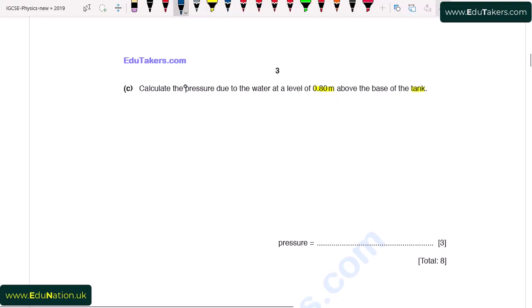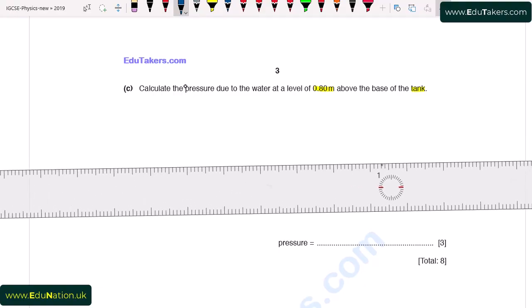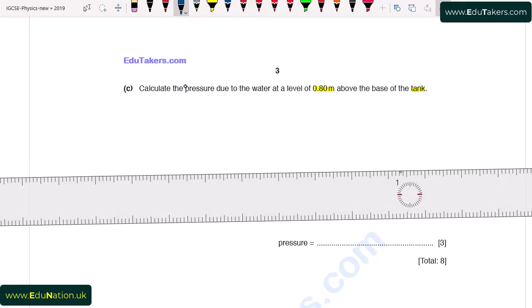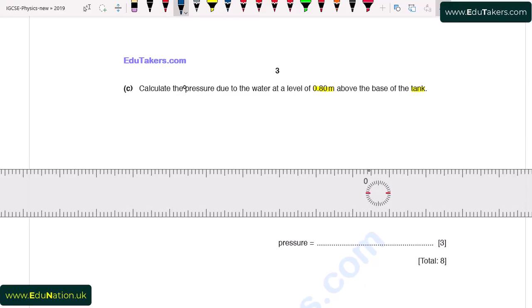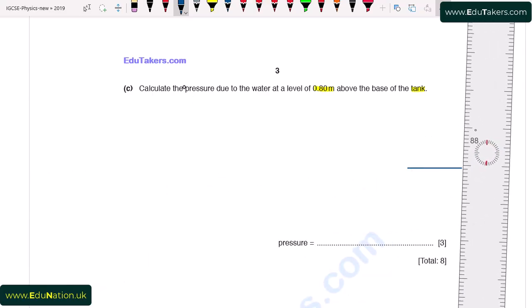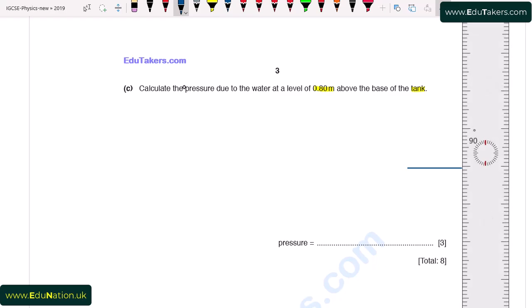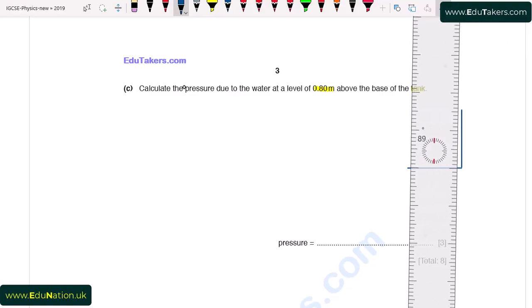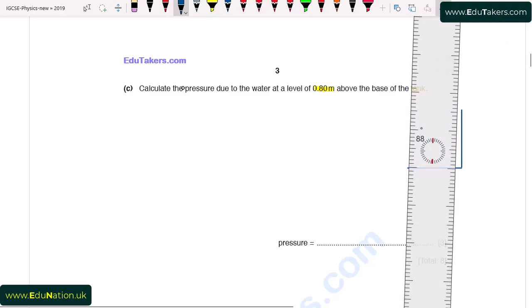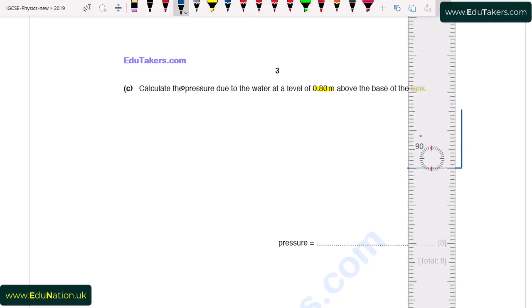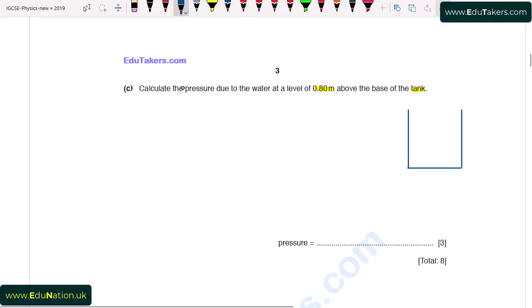So first of all, I consider it's a tank, and this tank is filled with water.